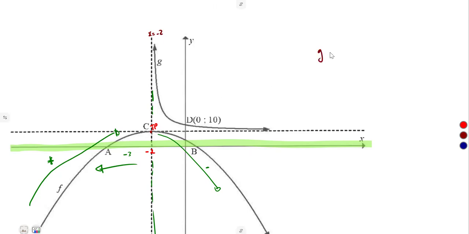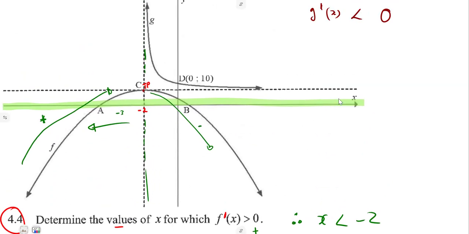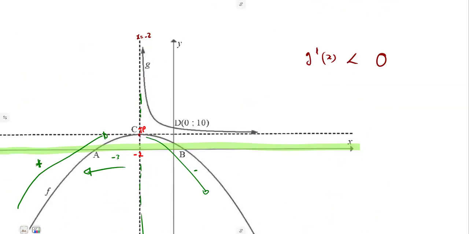So let's say they're asking for the first derivative when it is less than, where this is greater than, let's just say less than 0, guys. Less than 0 like that. We just want to maintain the same thing like this one. All right, this was greater than, let's do it like that, no problem. So when it is less than 0, we're talking about g this time. So you're just looking into g.